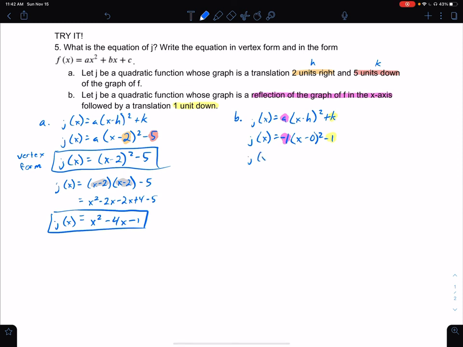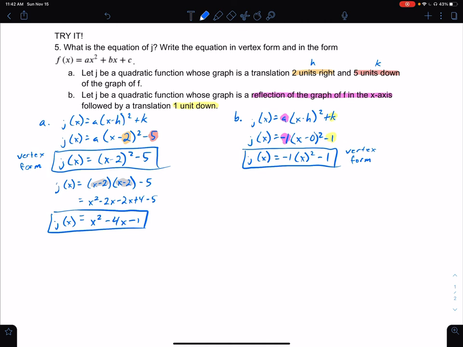We'll clean this up because we don't need h in there anymore. So we're going to say negative 1 times x squared. And then we can leave that as is. That's our vertex form. If you want to, again, leave that 0 in there. It's not the worst thing in the world, but you do want to clean it up a bit.